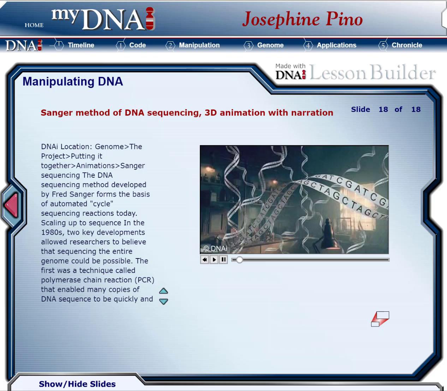Or this, of a template strand of DNA. Each reaction is comprised of template DNA, a short primer, DNA polymerase, and the four dNTPs, or deoxynucleotides, one radioactively labeled in each reaction.